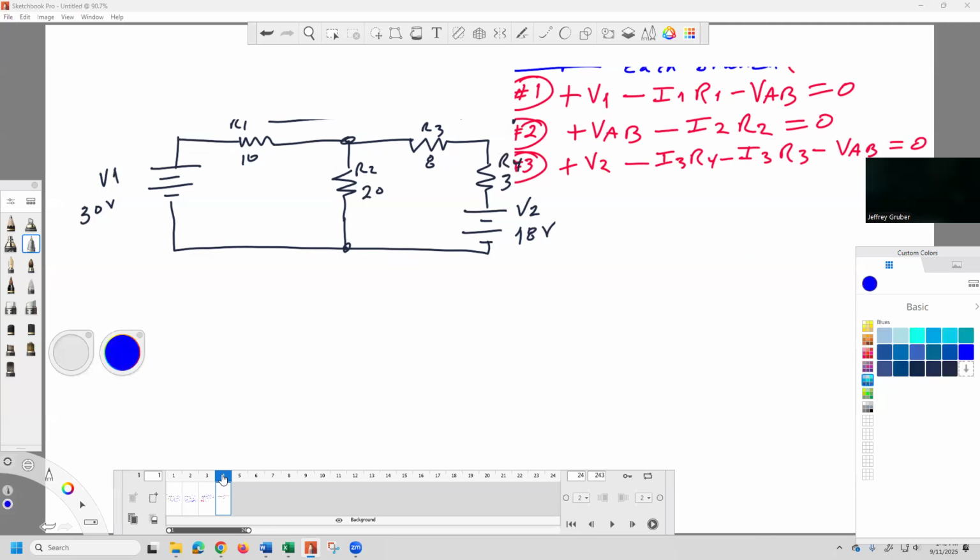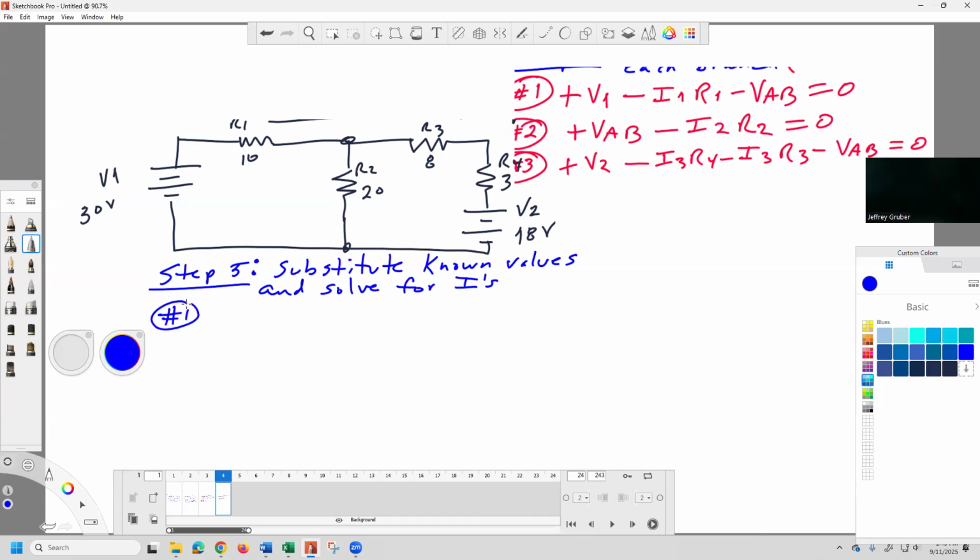Step 5: substitute known values and solve for currents. I'm just going to say solve for i's because that's a variable that we're going to solve for. So what about equation 1?